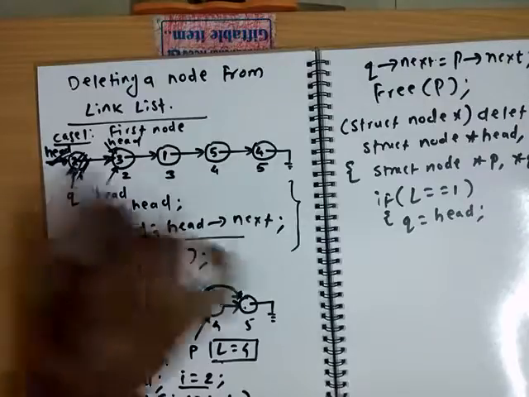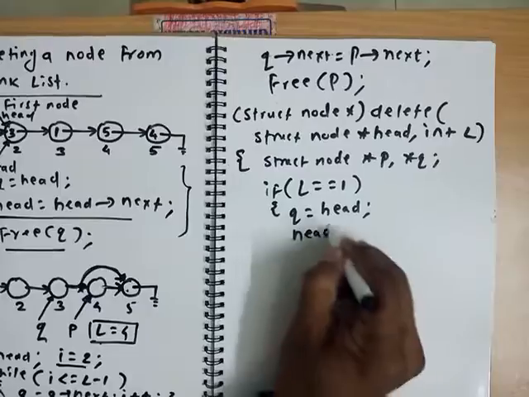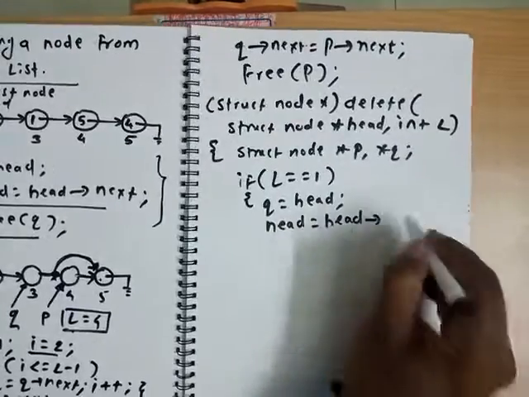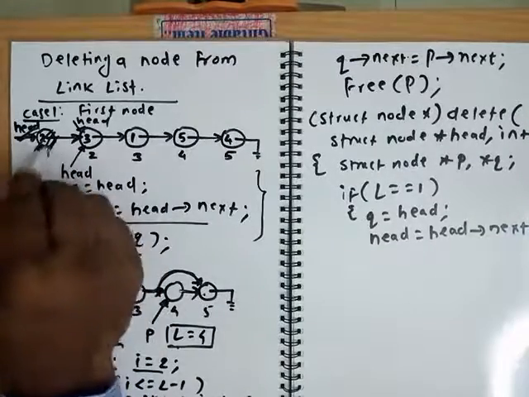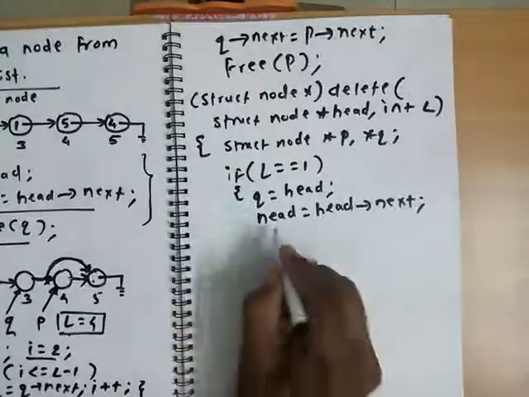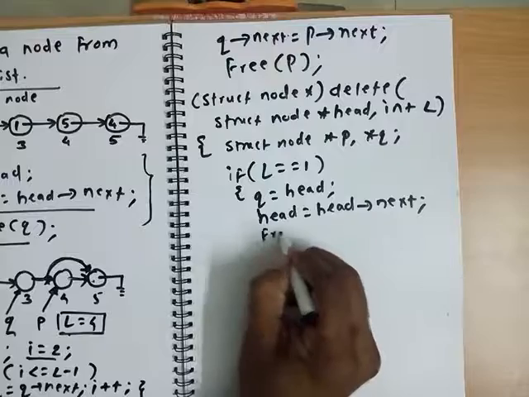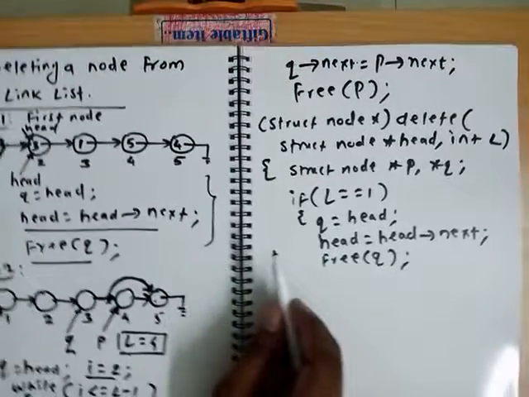We'll point Q where head is pointing, and then we'll simply say head equal to head arrow next. As we are going to delete this node, we should bring our head from here to here, right? And then we'll simply say free Q, because Q is pointing to this node.